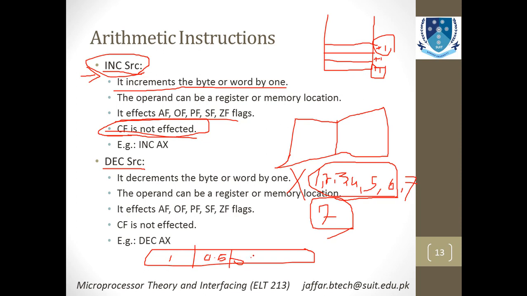So you see that this is actually not incrementing, this is decrementing. So for that you can use decrement source. You see that this has been decremented by 1, 0.3, and so on.